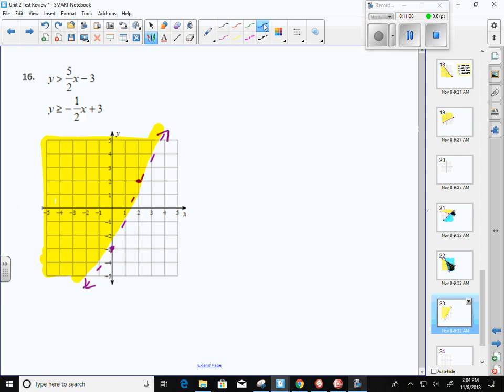Second one, y-intercept of 3, down 1, right 2 is our slope. Solid line, shading would be greater than again. So again, you can see where it's turning green on the screen is where the solution area would be. That's your solution zone or your solution region.